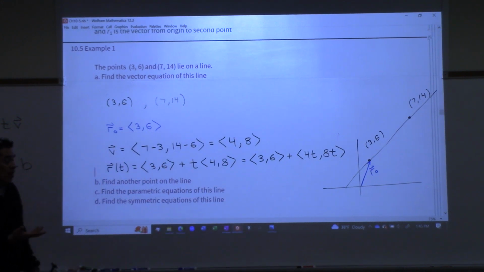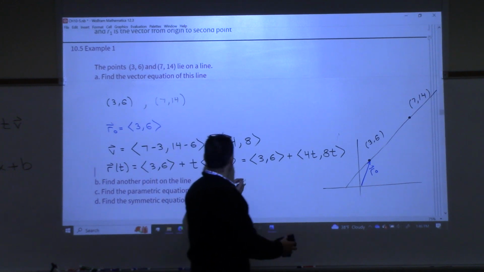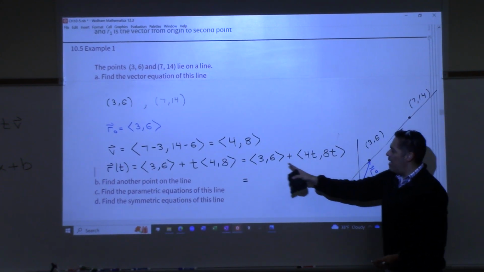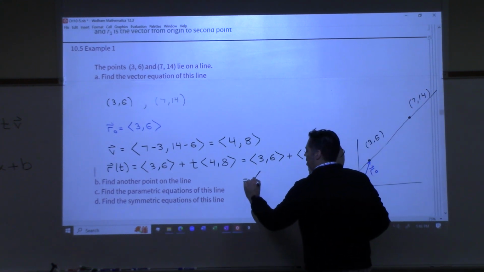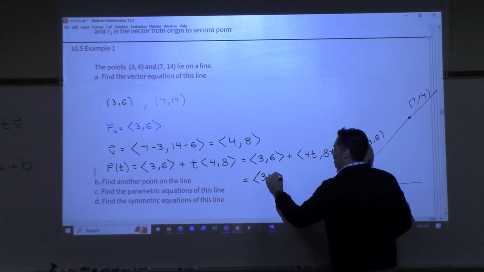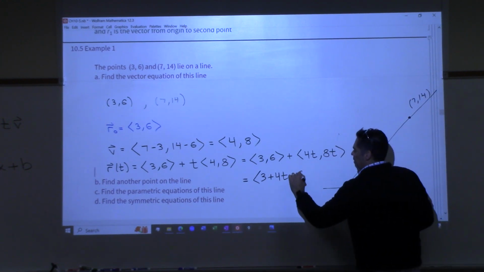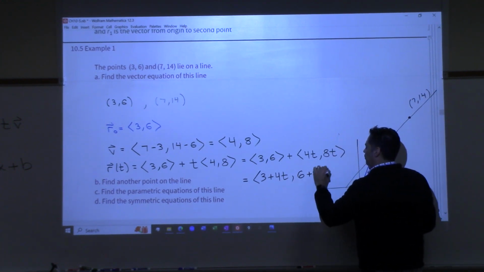And then there's one more thing I could do if I wanted to. I could actually add these vectors together, couldn't I? So to add them, you add their components. So you'd have a vector 3 plus 4t. I can't put those together, right? Because one of them has a t, the other doesn't. And then 6 plus 8t.